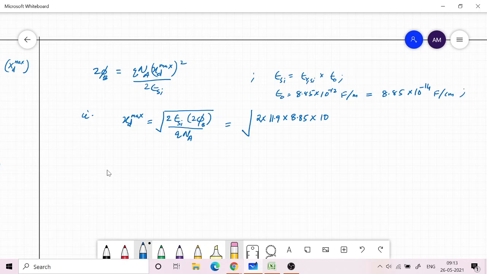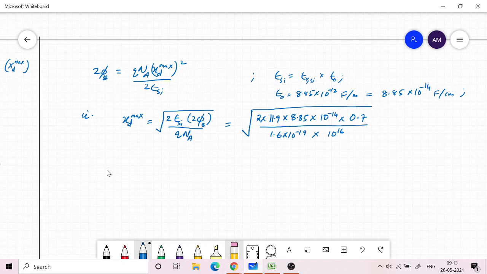So 8.85 into 10 raised to minus 14 into 2 phi b, I already told you it is 0.7 because phi b is 0.35, divided by Q, which is 1.6 into 10 raised to minus 19 coulomb, into Na, which was 10 raised to 16 per centimeter cube. That also was in centimeter unit, so we need to be consistent.